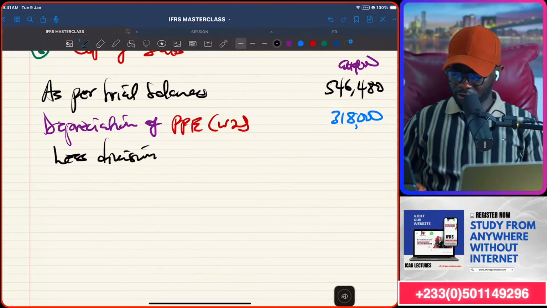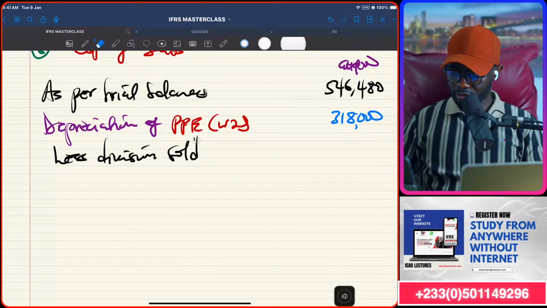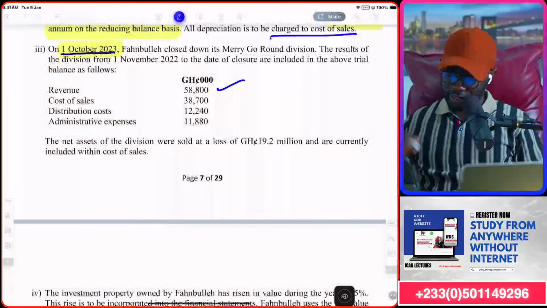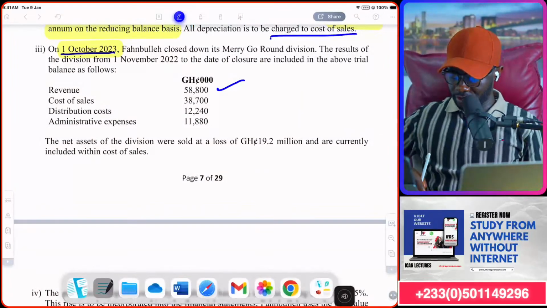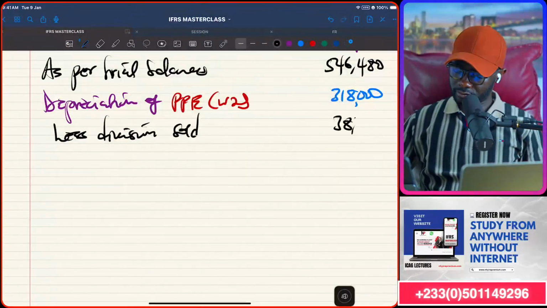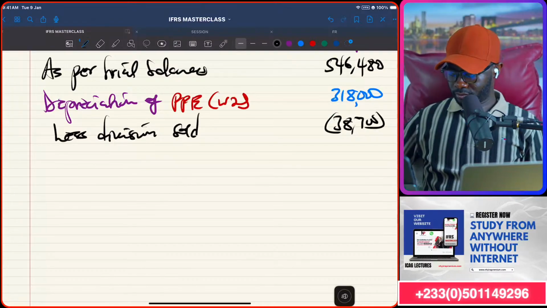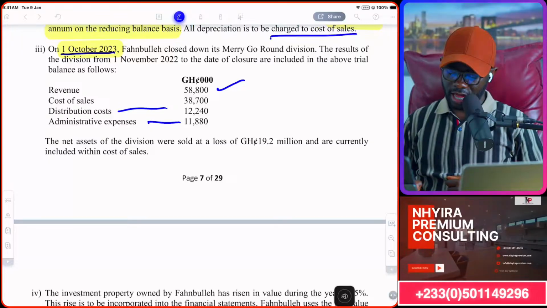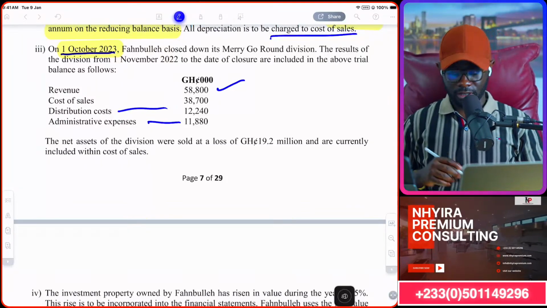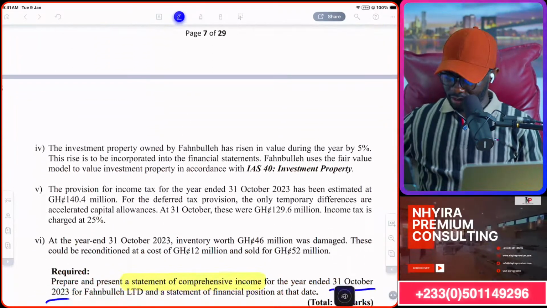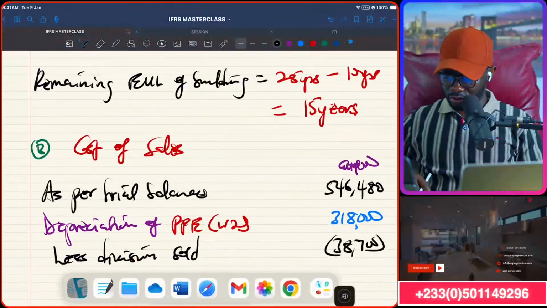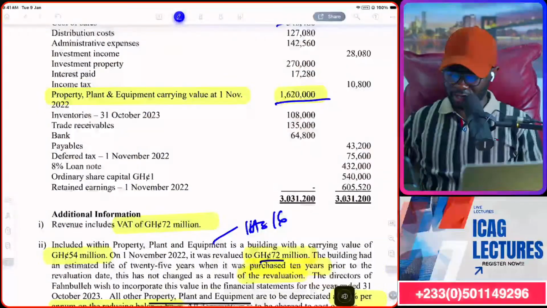Less division sold. And that is 38,700. Next, distribution cost, admin expenses. All that must be adjusted. So I'm going to do some of the workings on the face of the financial statement.